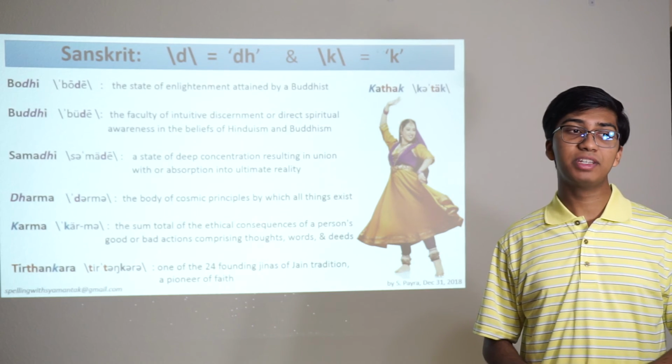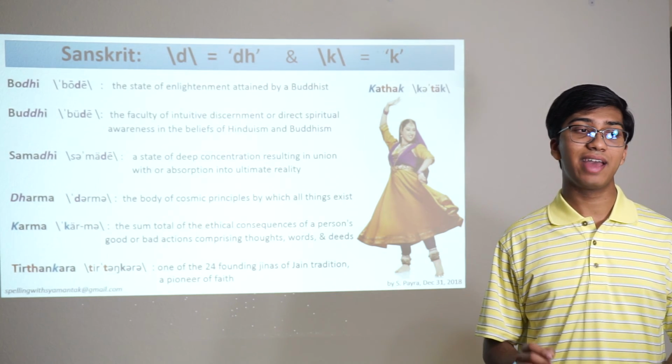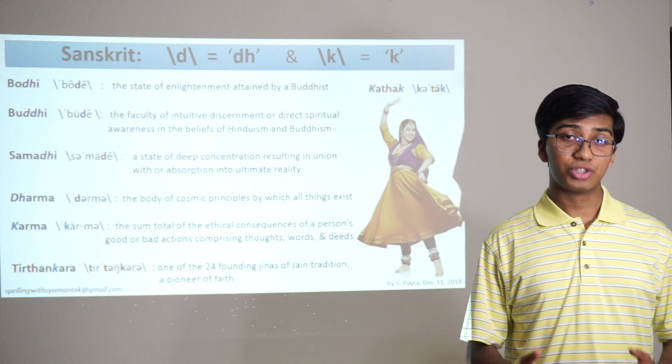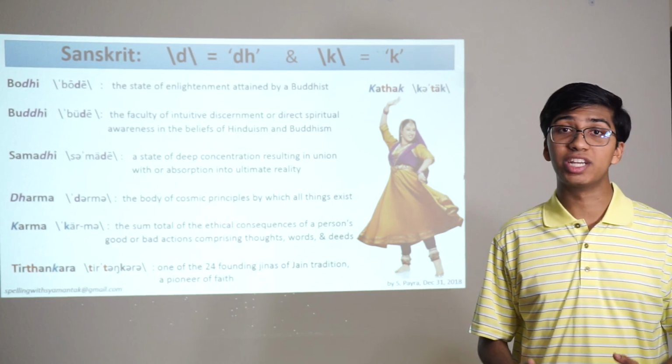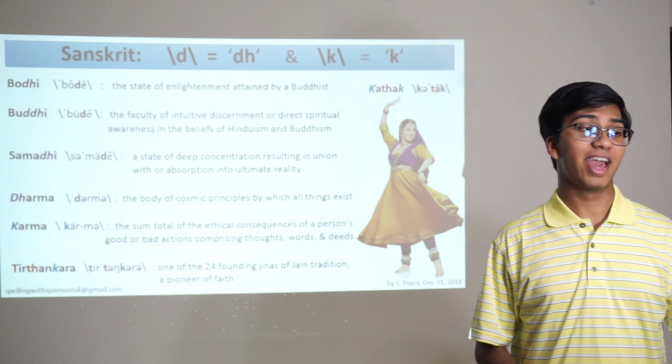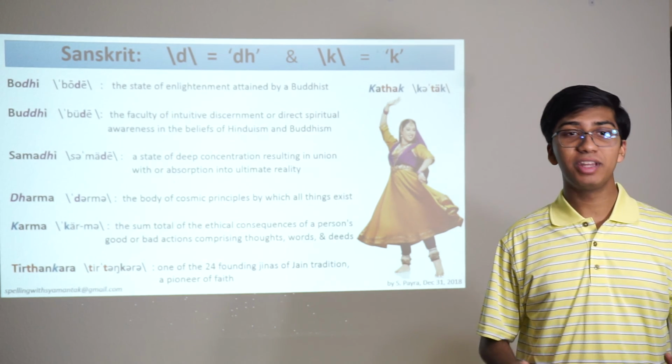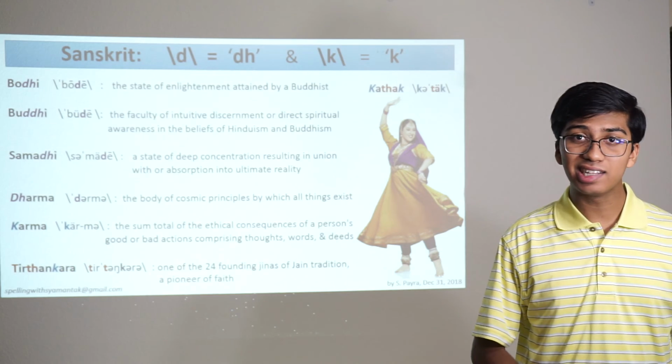A similar thing happens with the D sound and the T sound. Usually those would be the heavier consonant. Instead of Bodhi or Booty, those would be Bodhi and Buddhi. But in American English we just have that simple consonant.